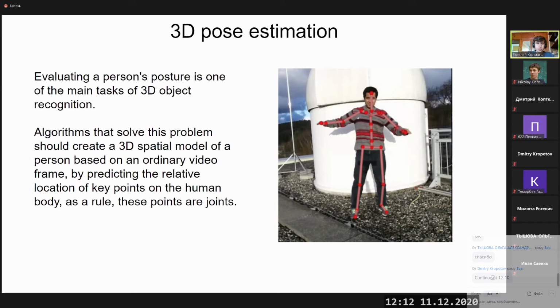Algorithms that solve this problem should create a three-dimensional spatial model of a skeleton where each key point is some joint on the human body, and you should get the relative positions of these points.